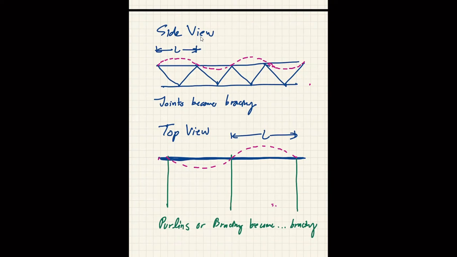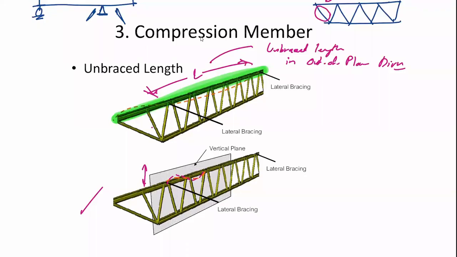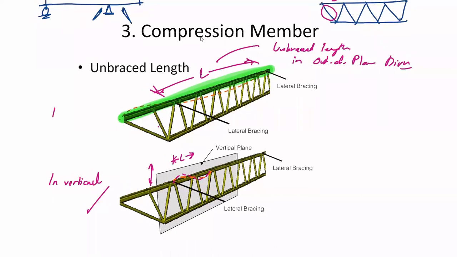All right. This is the unbraced length for, say, buckling in vertical direction. In vertical. This is buckling in horizontal direction. So when it moves horizontally, it moves in and out of the plane. And when it moves vertically, this is unbraced length in plane direction.